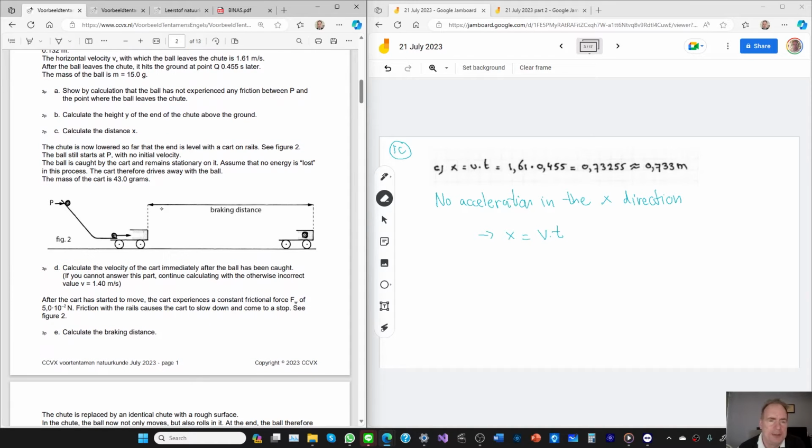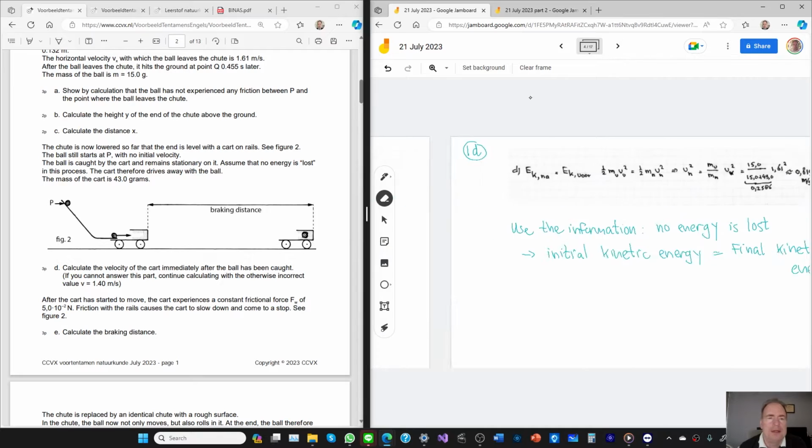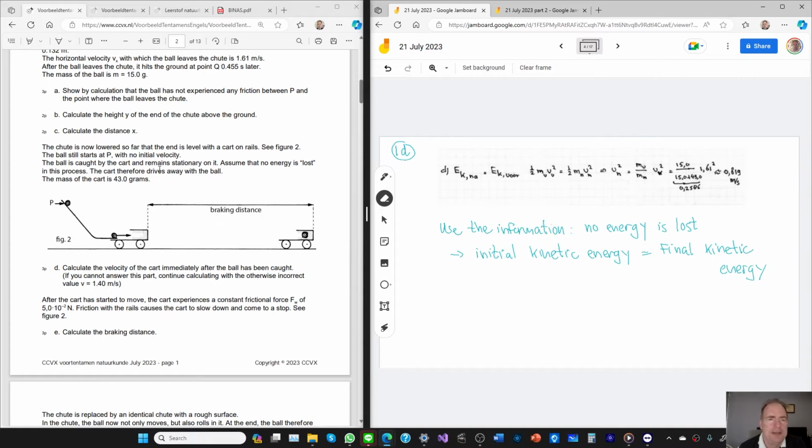Now, in this case, the ball is kind of captured by a card. And they also say that the energy is conserved. So read these carefully and use all the information carefully.